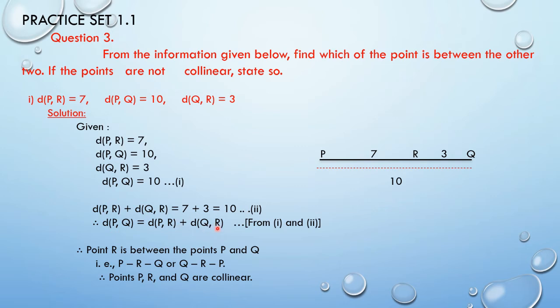In this case, the betweenness condition is satisfied. Therefore, the point R is between the points P and Q, that is P-R-Q or Q-R-P. Therefore, the points P, R and Q are collinear.